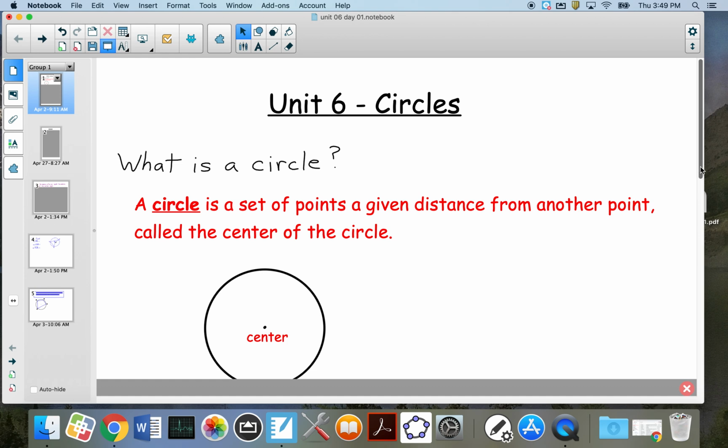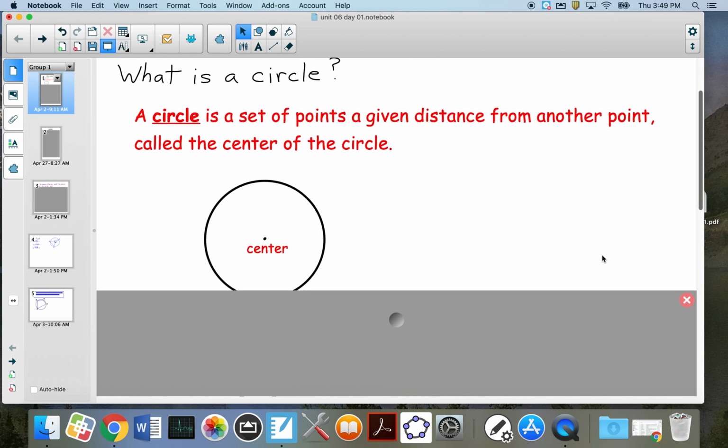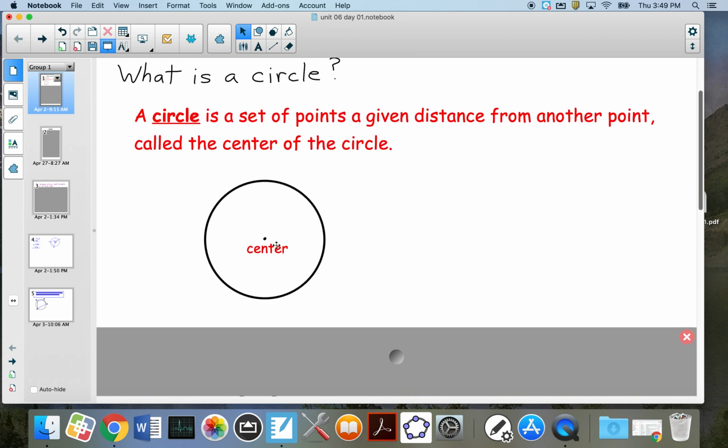So a circle is really an infinite set of points, and they're all the same distance from a center point. So for example, if I put a point on the board and I gave each student a ruler and they came up one at a time and I said, okay, measure a point that is 4 inches away from my point.